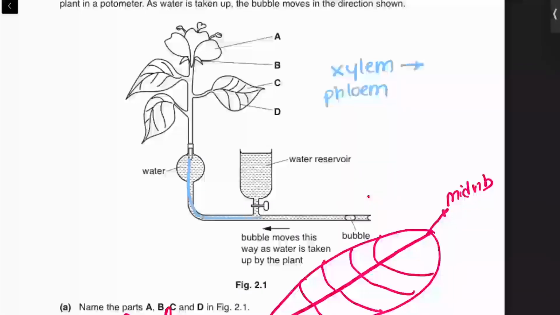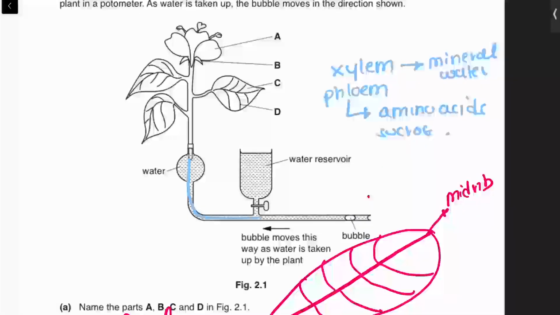Xylem carries minerals and water. Phloem carries amino acids and sucrose. Xylem carries water and mineral ions only in one direction, from the base of the plant to the top. Phloem can carry in any direction, up or down, it depends.